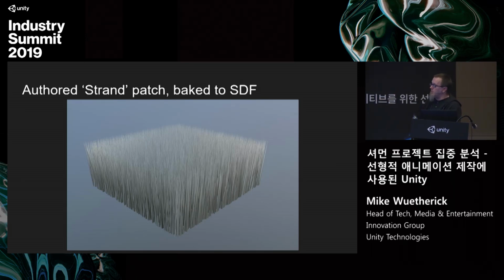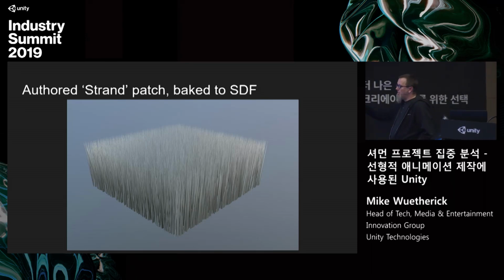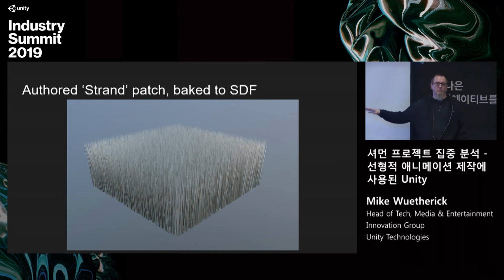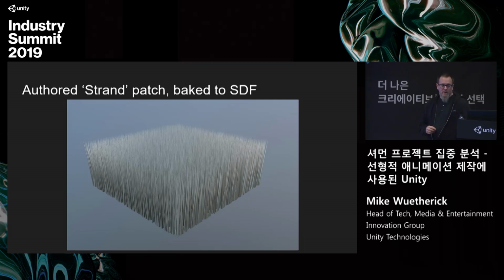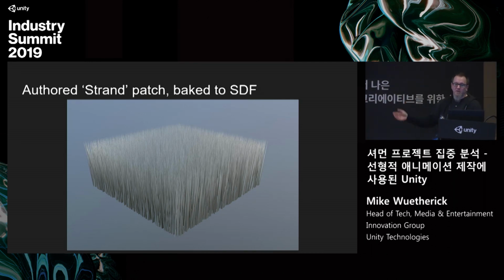So in the original, we actually started by modeling out the strands of fur. This was done in Maya, and then we baked it to an SDF, which allowed us to sample the fur to figure out things like specific normals for lighting, strand generation. The nice thing about the SDF is it's effectively unlimited resolution.